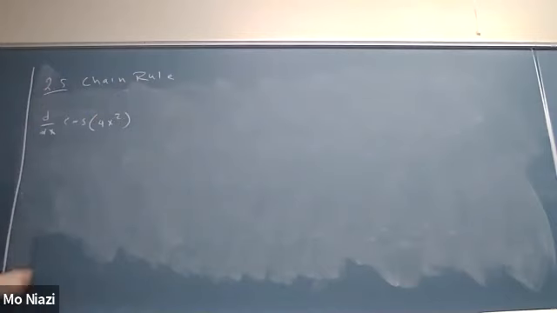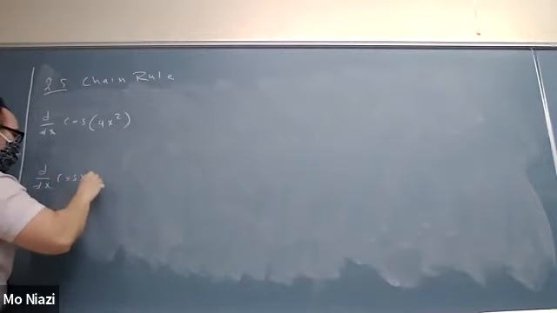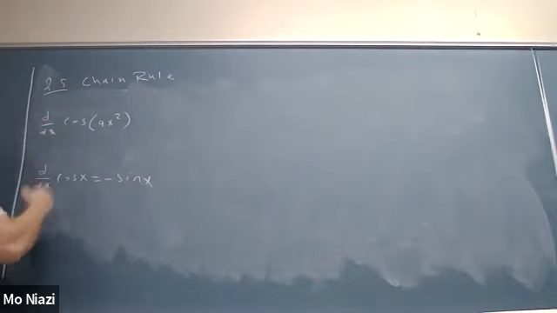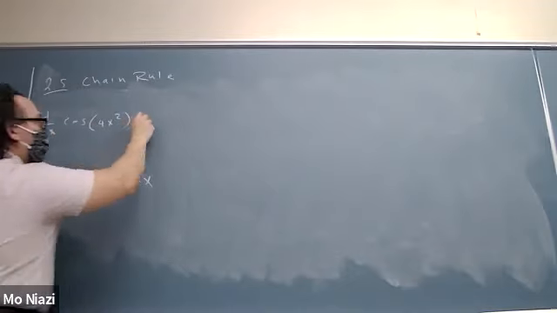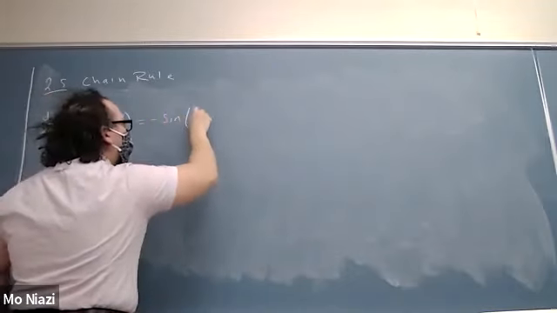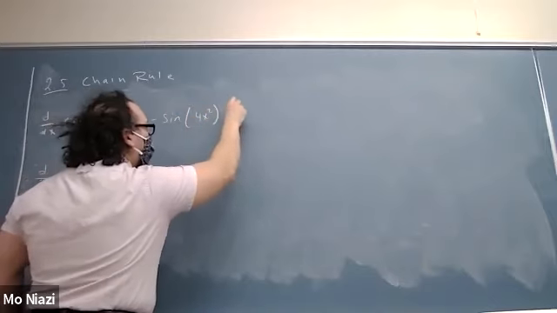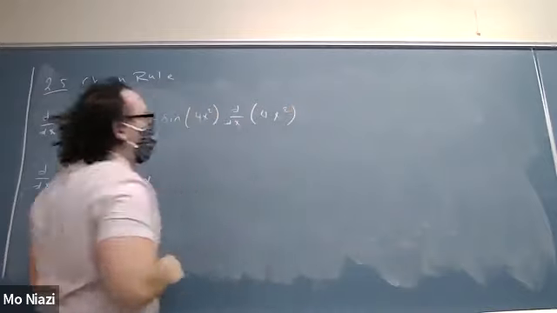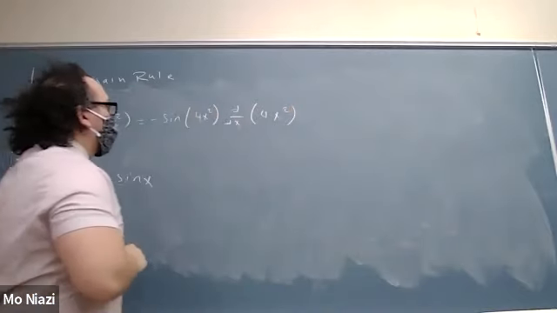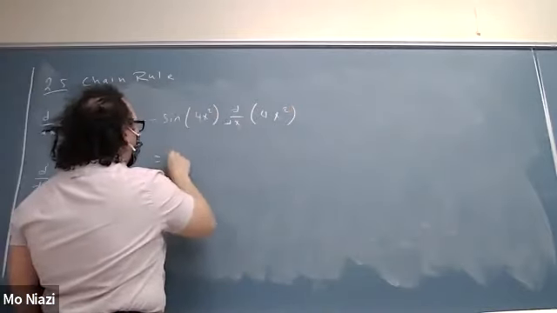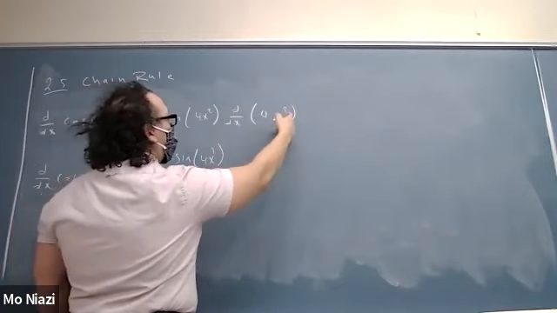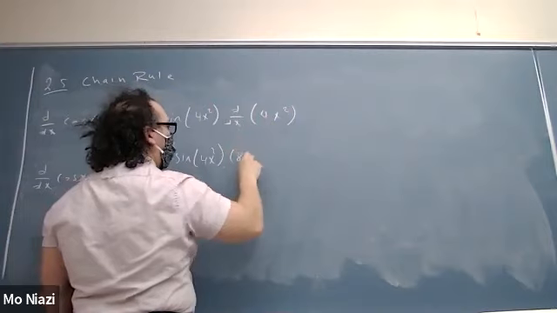The derivative of cosine is negative sine. Remember, d dx of cosine of x is negative sine of x. So d dx of cosine of 4x squared is negative sine of 4x squared times d dx of the inside function. So then this equals negative sine of 4x squared times 8x, as the 2 comes down.